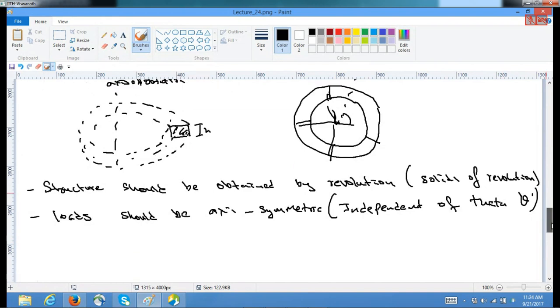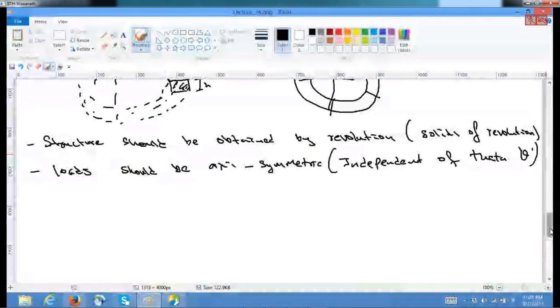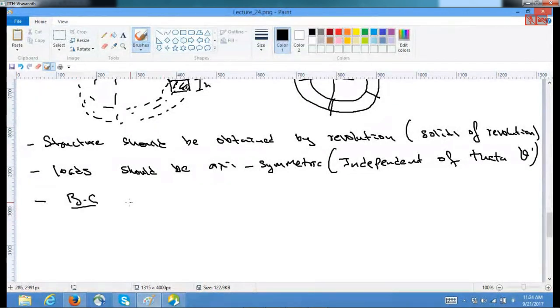Now further, the structure, the loads, then the boundary conditions should also be axisymmetric, that is, independent of theta. Then the material should also be axisymmetric.